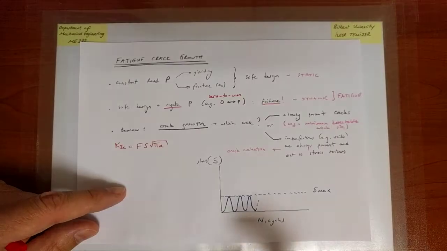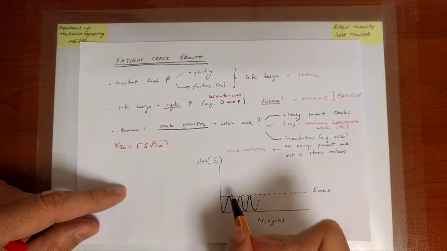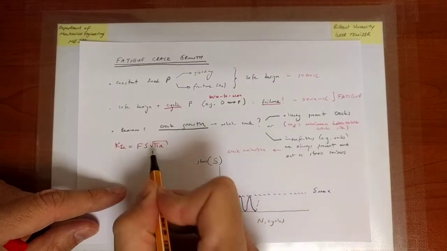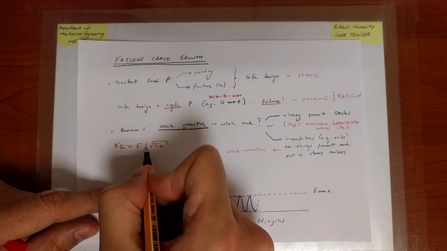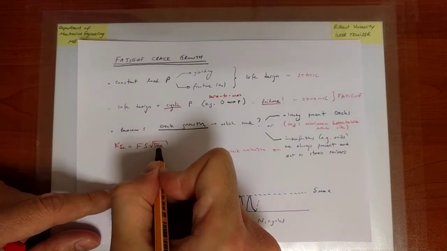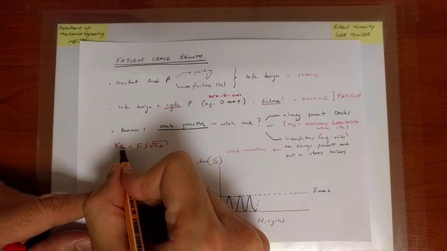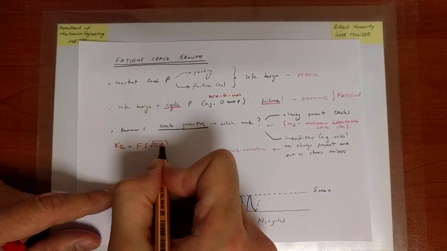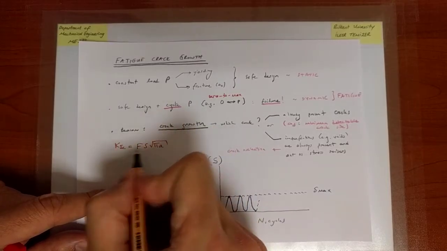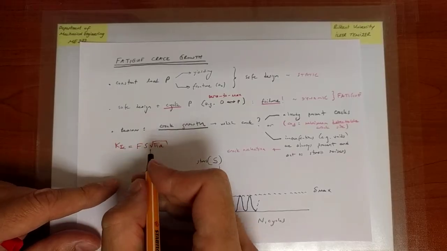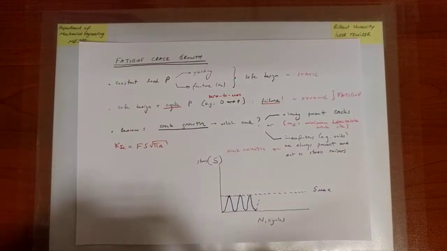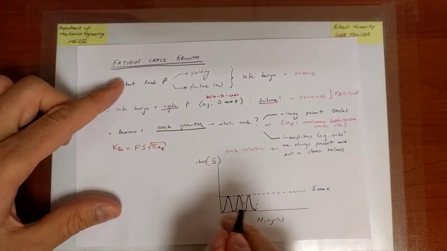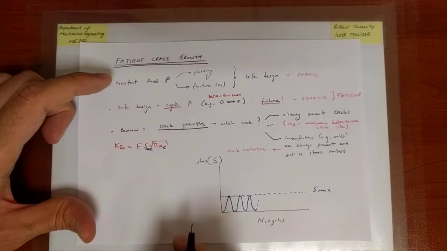The most critical scenario at any point in loading is when I reach the maximum value of the load. That's where this becomes a maximum. So when S is a maximum, the corresponding size of the crack to cause fracture is the smallest possible. And the smallest crack that causes fracture is, in some sense, the most critical crack. So the critical crack size that we can define for this type of loading is associated with the maximum load.